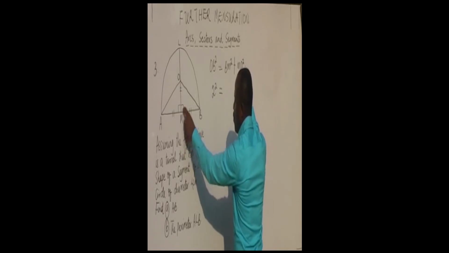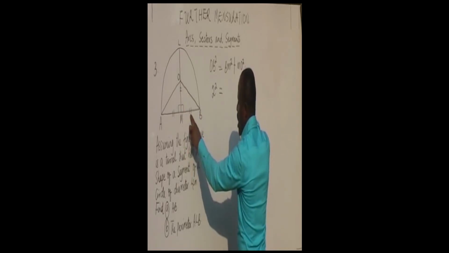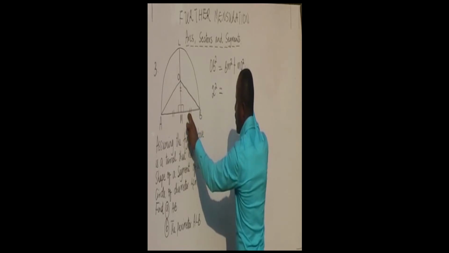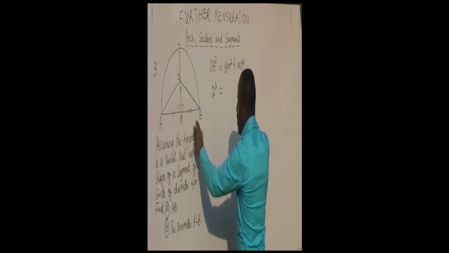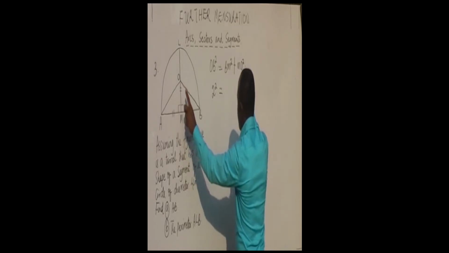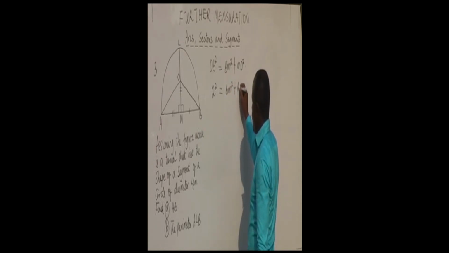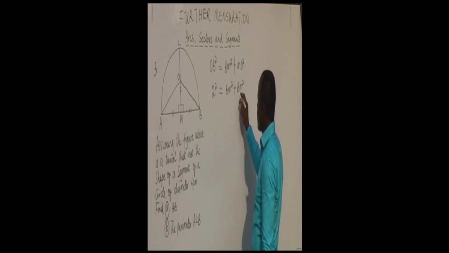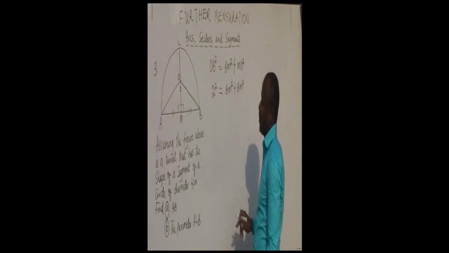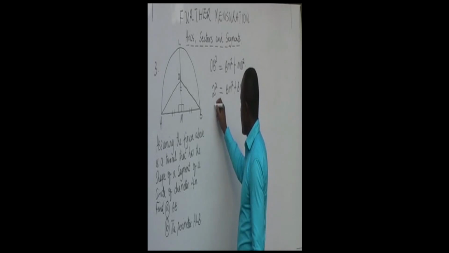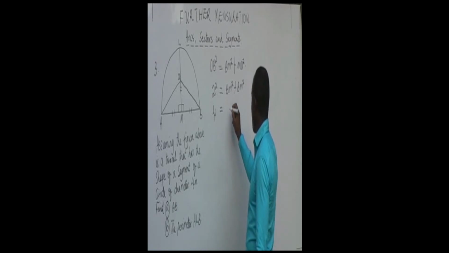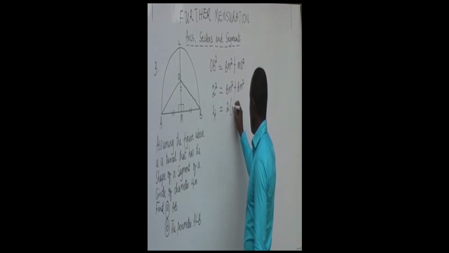But by reason of these two strokes on BM and MO, BM is equal to MO. That means we have BM squared plus BM squared. So 2 squared, 2 times 2, which is 4, is equal to 2 BM squared.